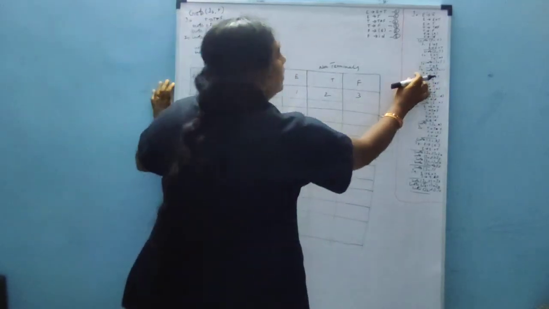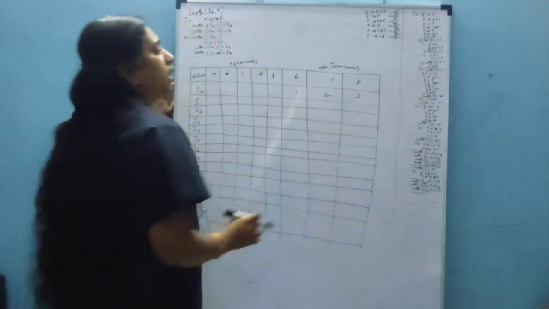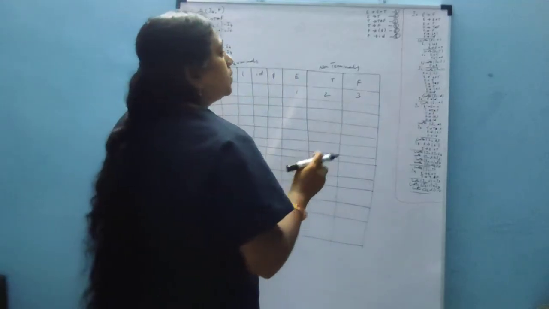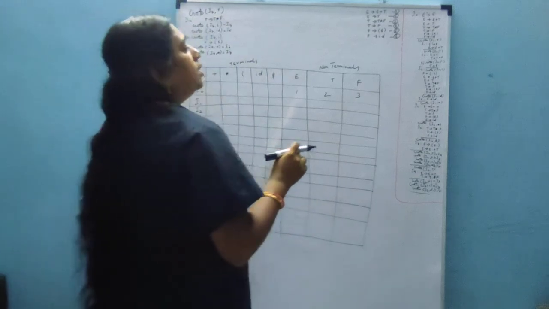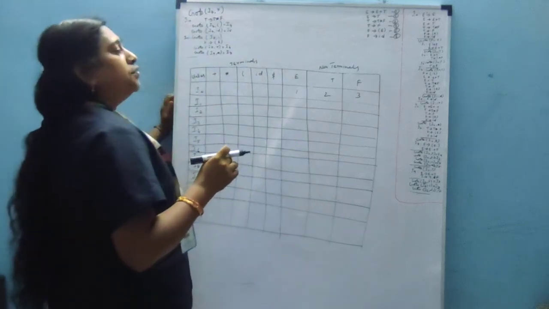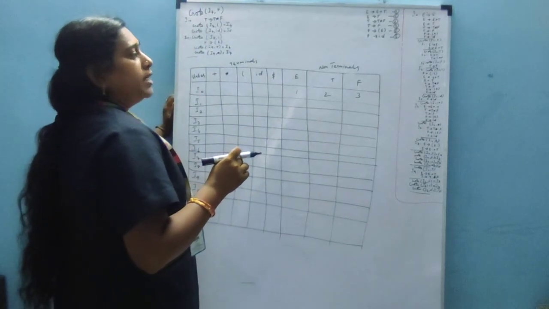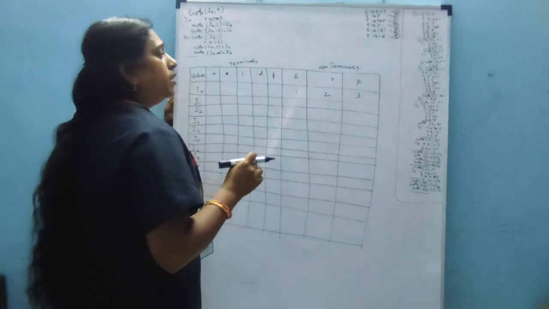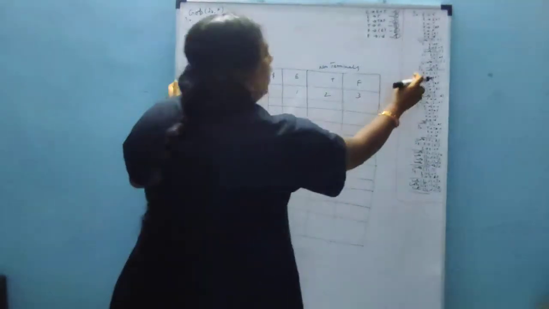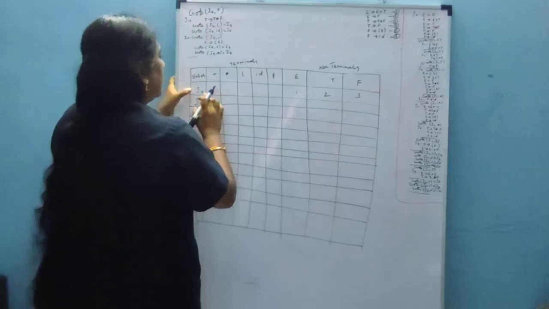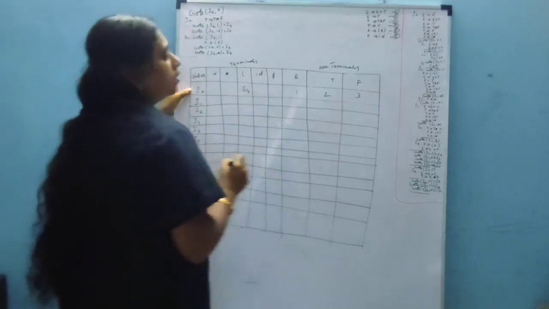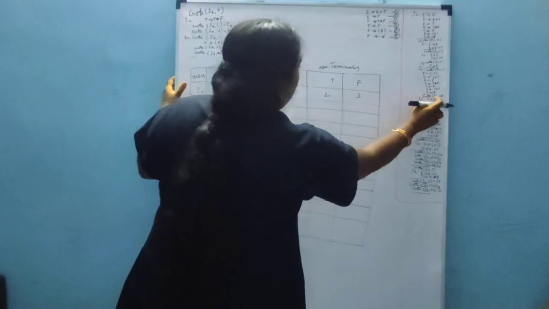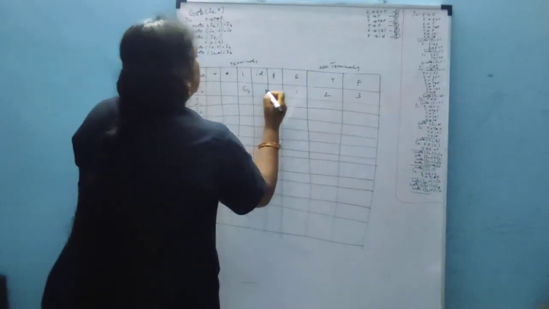Then I0 comma open bracket, a terminal value, so we indicate shift 4. Then I0 comma ID, shift 5.